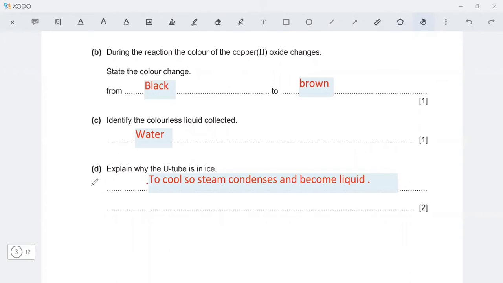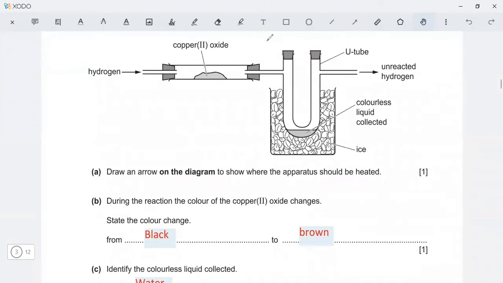Okay, fine. D, explain why the U-tube is in ice. Basically, why do we use this U-tube? In this diagram, can you see the U-tube, and here ice is present. What is the reason for that?